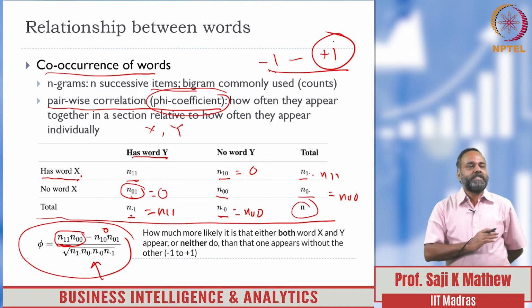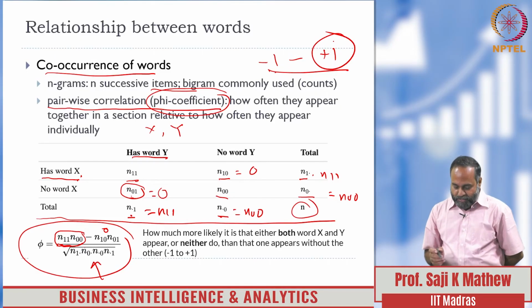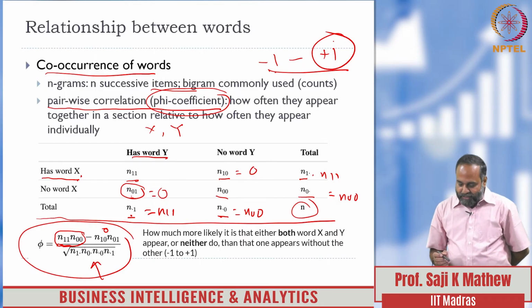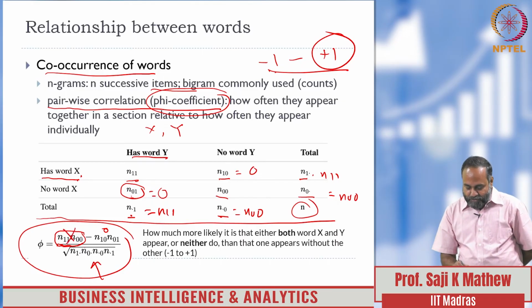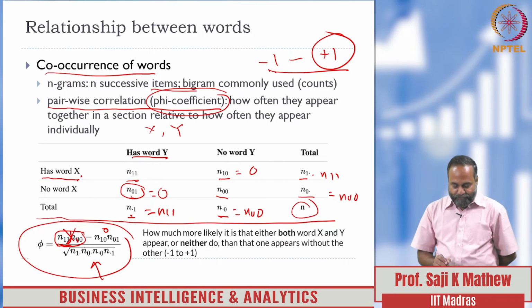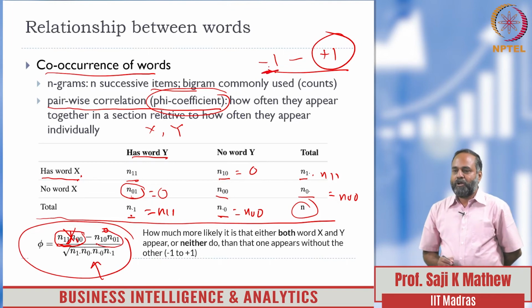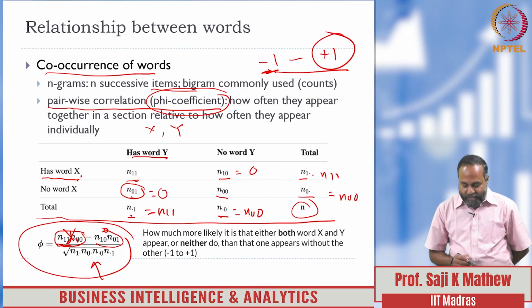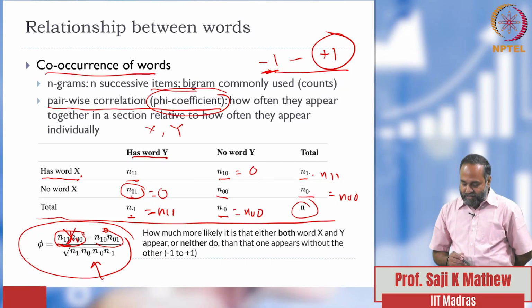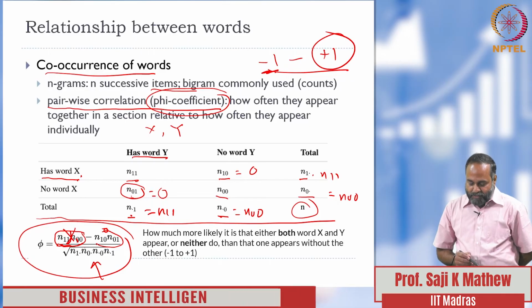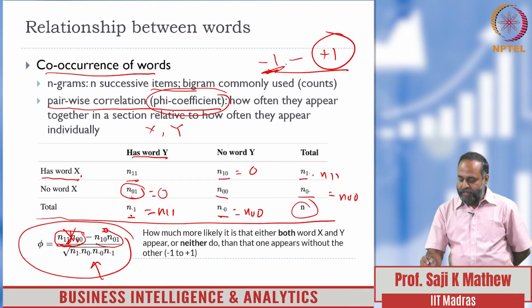These two words never occur together, and that is when this term becomes 0. There is no occurrence of the two words together, assuming that there are no documents where they are not present. Now, this becomes a negative value, because they do not occur together, and the denominator also becomes the same as the numerator, but the numerator has a minus value and you get -1.